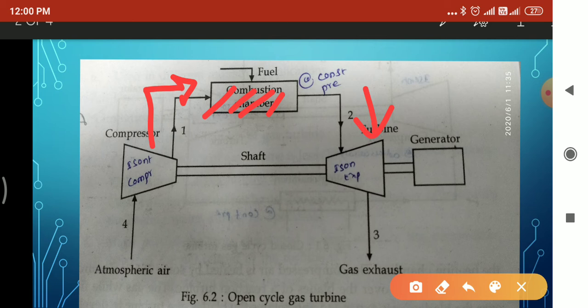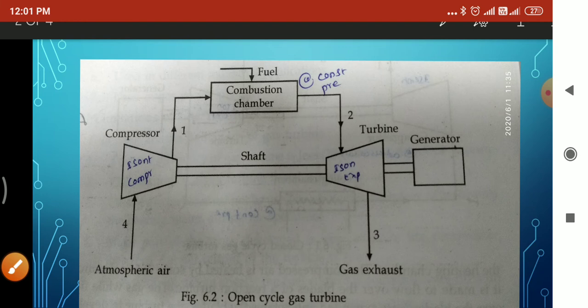With some coupling arrangement, the turbine is connected to a generator which converts mechanical energy into electrical energy. After expanding on the turbine blades, the gas is exhausted to the atmosphere and fresh air enters again into the compressor. This is the working principle of open cycle gas turbine.